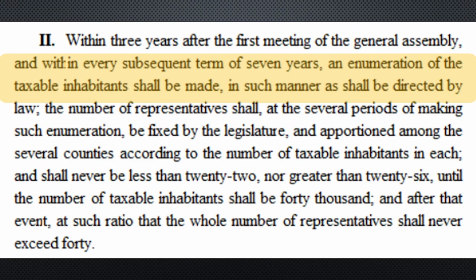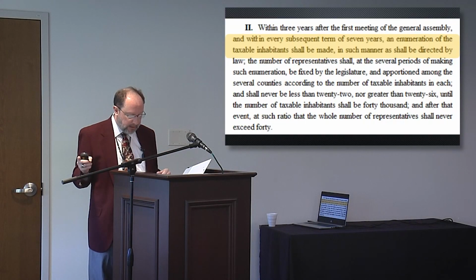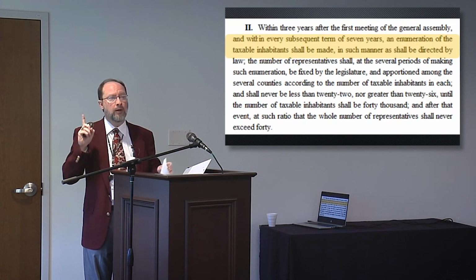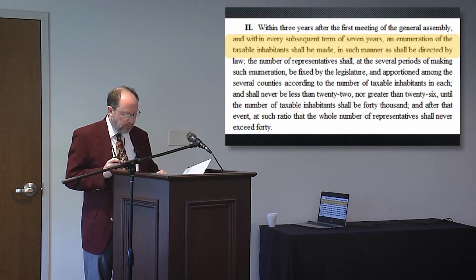Once again, redistricting was to be based not on population, but on the number of taxable inhabitants, the landowners in each county. So what 2 groups were automatically excluded? Slaves and Native Americans. And that redistricting or apportionment was to be done within 3 years of the first meeting of the first General Assembly.